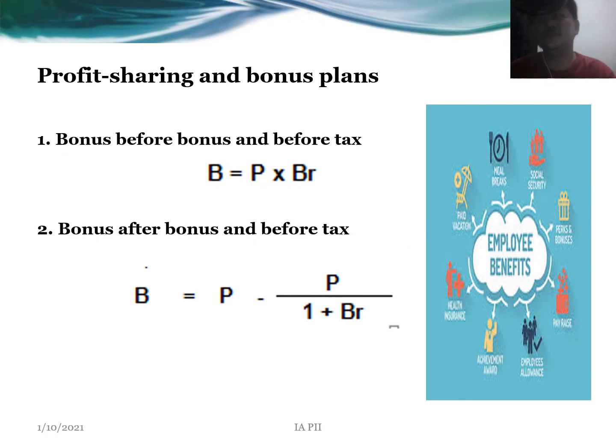Okay, so aside from compensated absences, the leaves given as benefits to employees, they can also give profit sharing and bonus plans. These are the several ways of computing the bonus. Number one, bonus before bonus and before tax.